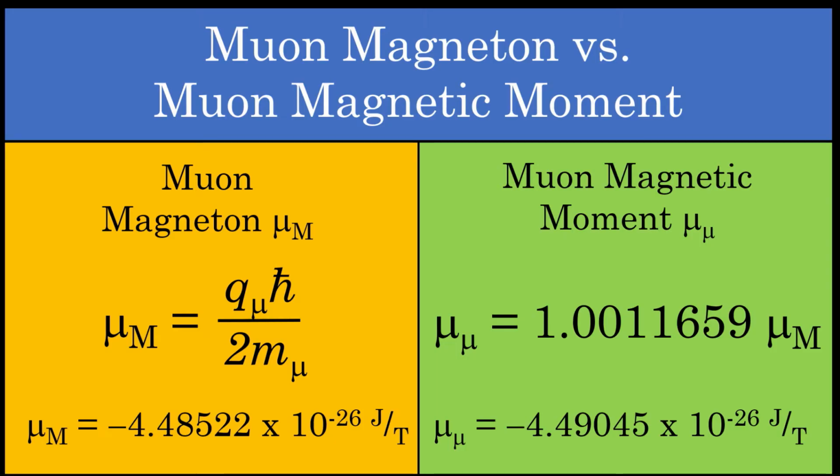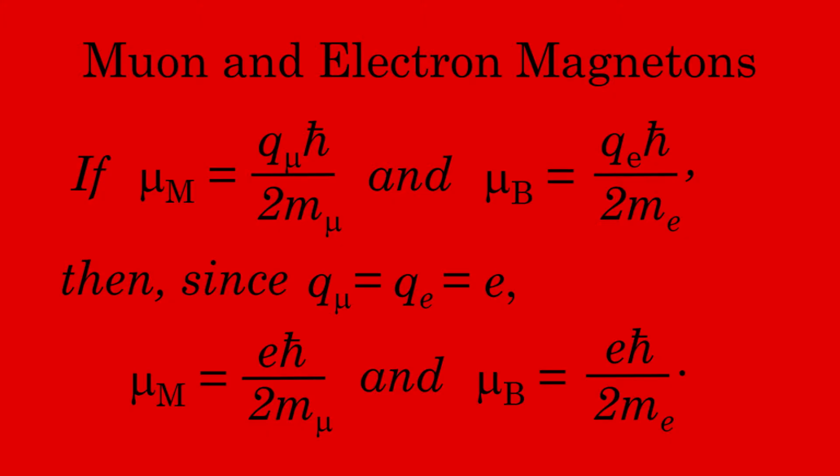The muon equivalent of the Bohr magneton, call it the muon magneton, mu sub m, is its charge, q sub mu, times h bar over 2 times its mass, m sub mu, or q sub mu h bar over 2 m sub mu. Since the charge of the muon and that of the electron are equal, q sub mu equals q sub e, the only difference in the magnetons of the two is their masses.